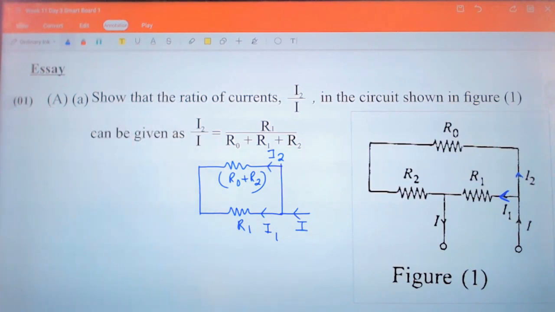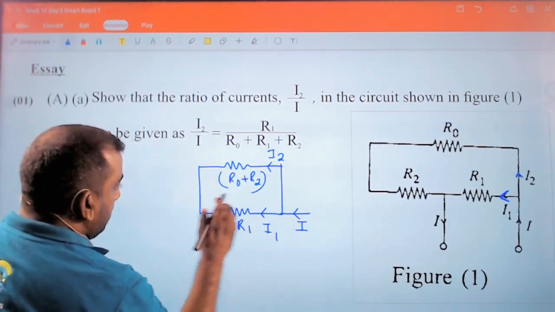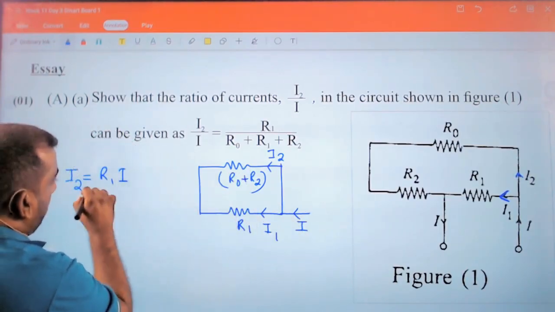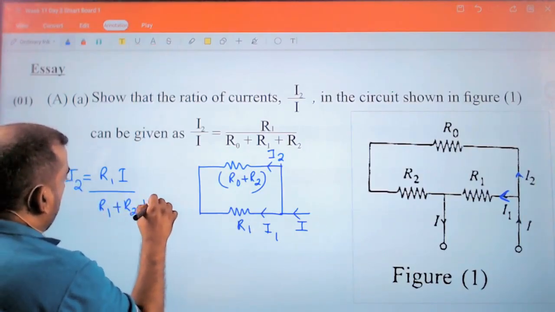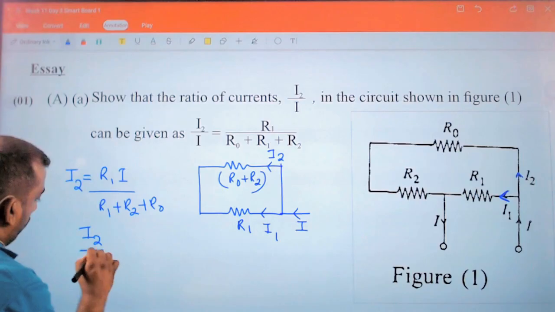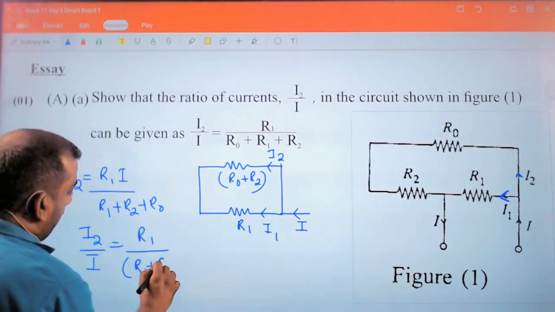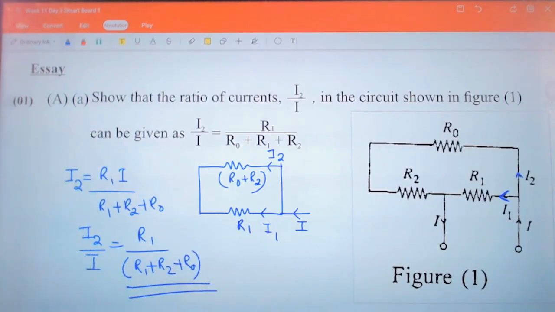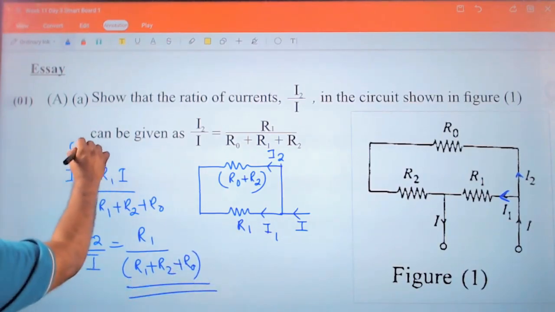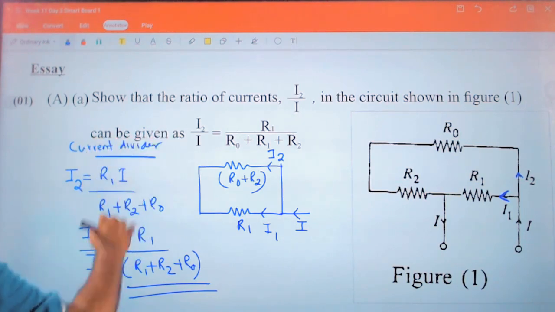The ratio between I2 and I: what is I2 current? Current divided. Resistor R1 into total current divided by the addition R1 plus R2 plus R0. I2 over I is R1 divided by R1 plus R2 plus R0. There you go. So I am applying the current divider.